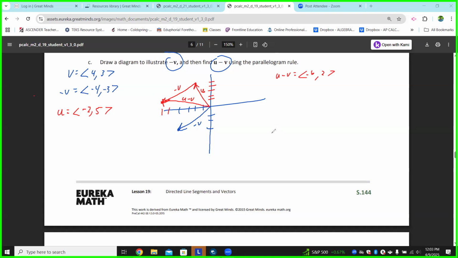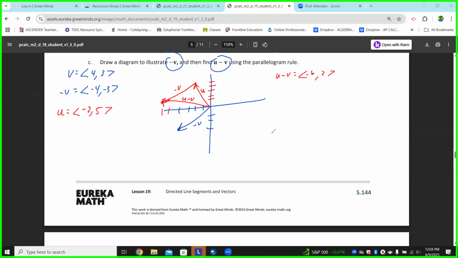So I first wanted you to graph the opposite of v, and then to graph the u minus v, you kind of see the correspondence there. If we could have picked that graph up, we could just attach it there. So I graph the u, and then to figure u minus v, I attach the opposite of v, that's what minus v would be, to the u.